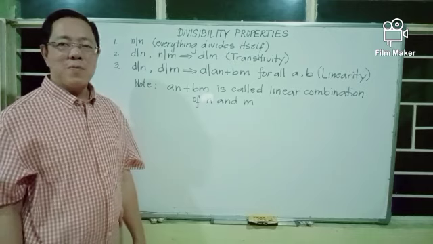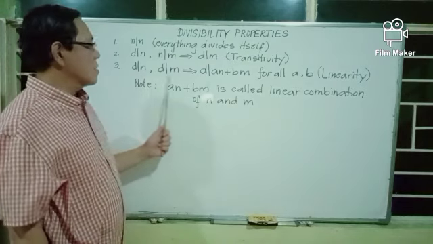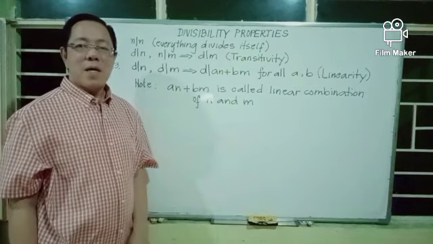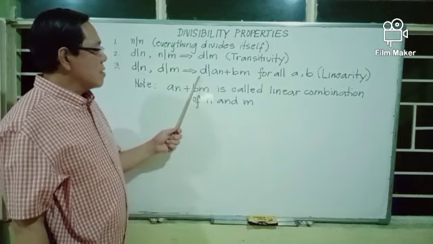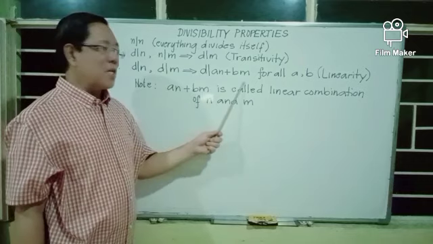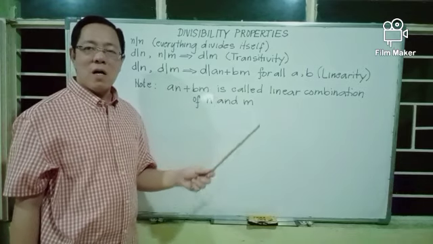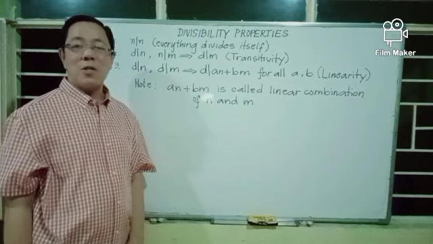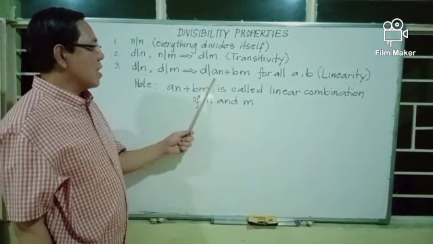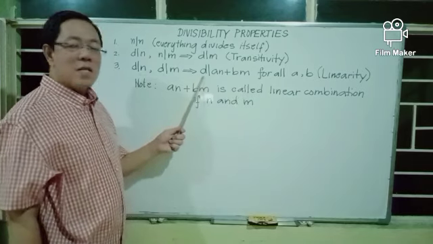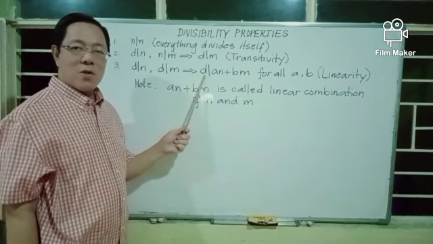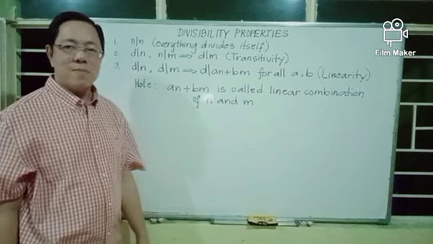Now we will prove this linearity property, and again we will show that if d divides the linear combination of n and m, we should be able to find the integer such that an plus bm is equal to the product of the divisor d and that integer.